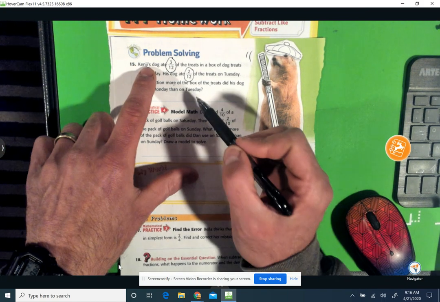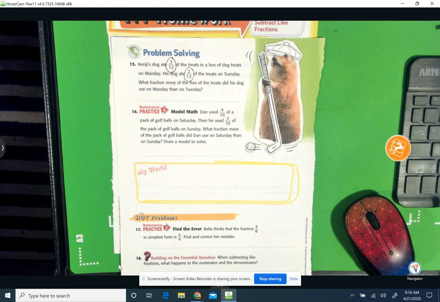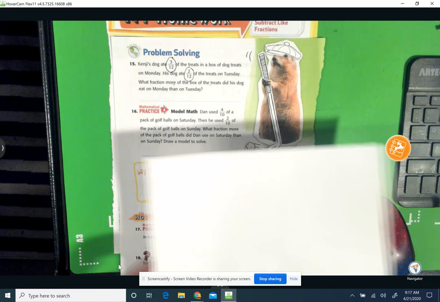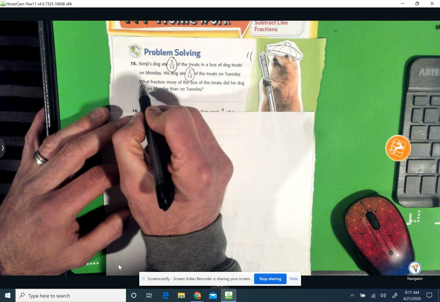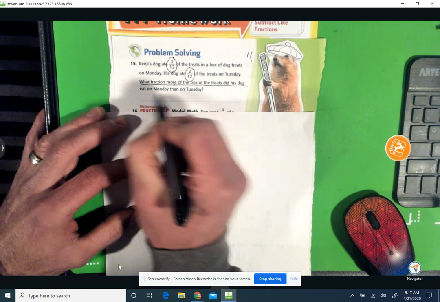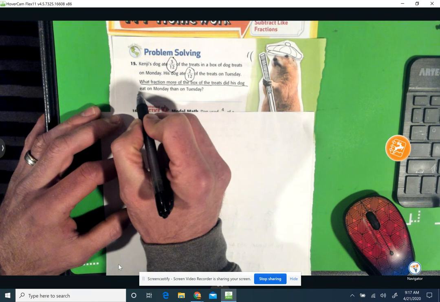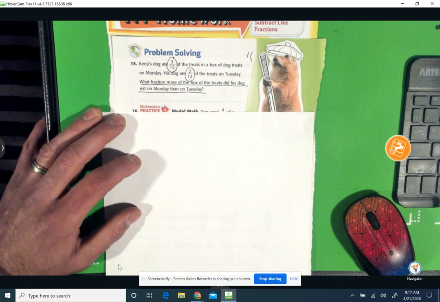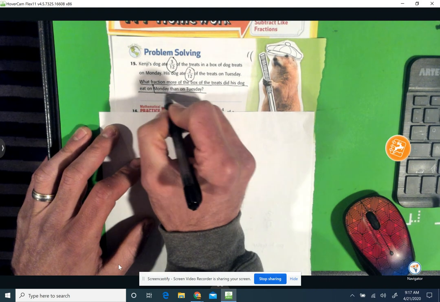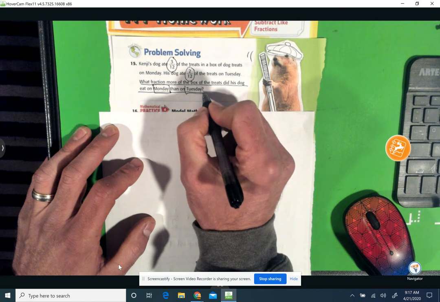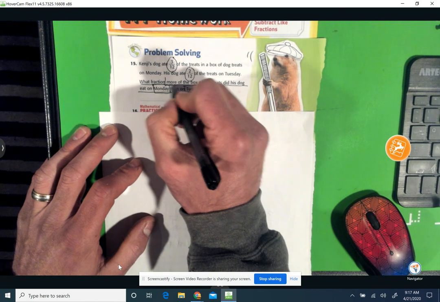So how much more did the dog eat on Monday than on Tuesday? We are comparing Monday to Tuesday, and if we're comparing something, we are trying to find the difference. And when we find the difference in mathematics, that is when we subtract. So the clue words here are Monday and Tuesday, and more.